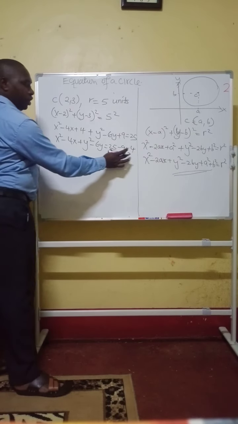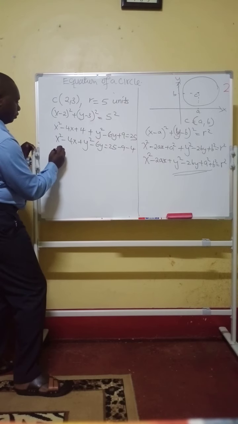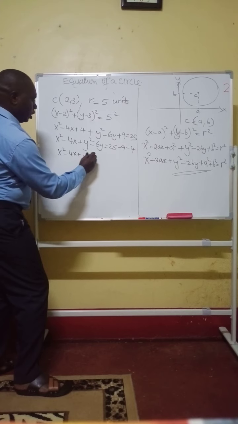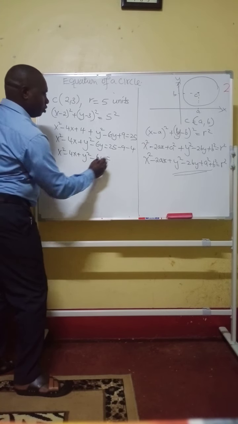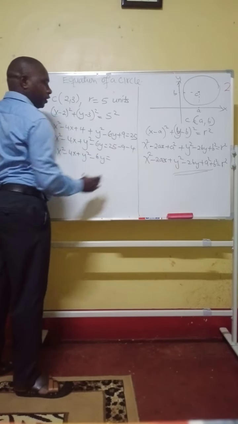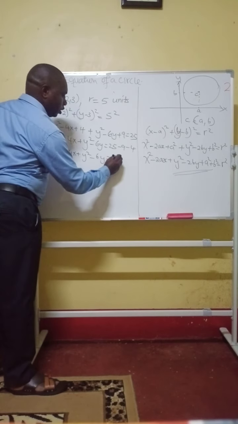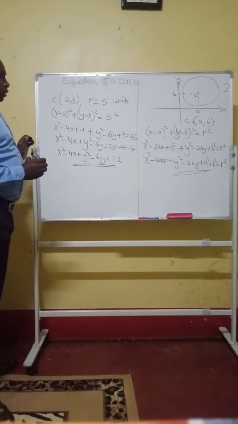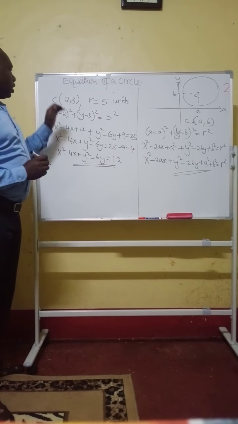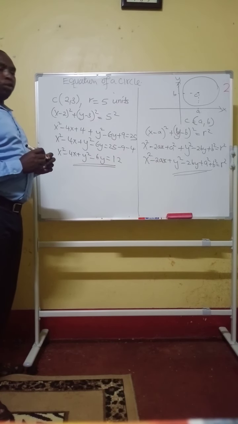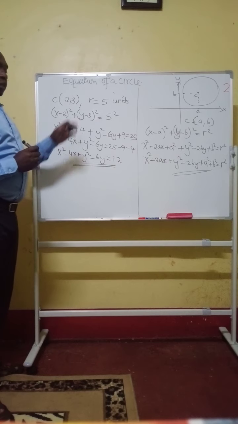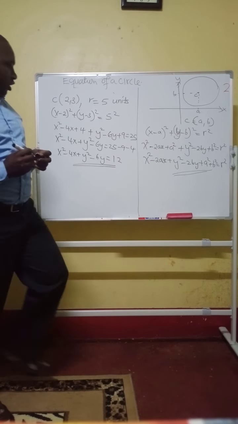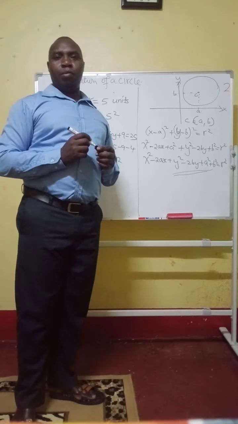So we can simplify the right hand side as follows: x squared minus 4x plus y squared minus 6y is equal to 25 minus 13, which is 12. So this becomes the equation of a circle whose center is at the point 2, 3 and has a radius of 5 units.